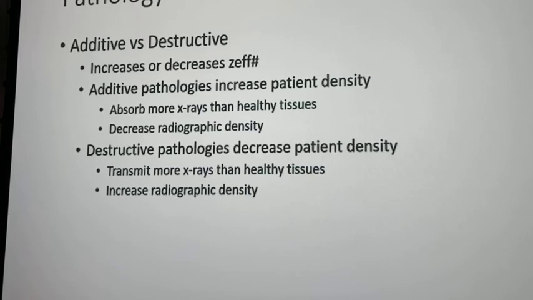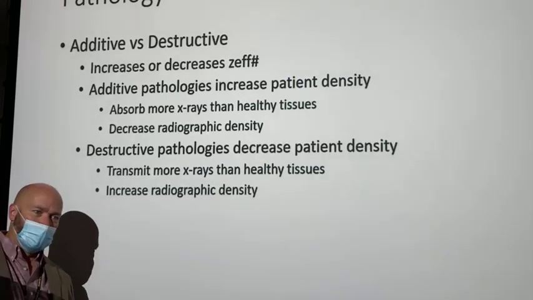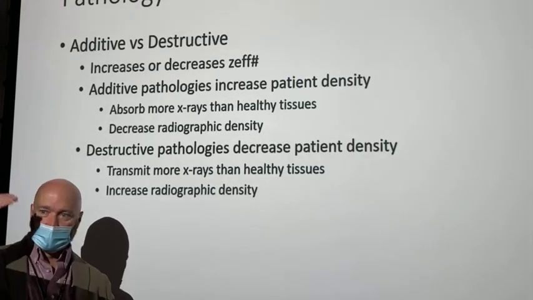Additive pathologies absorb more x-rays, and if you don't do anything to your radiographic technique, they're going to decrease radiographic density. Destructive pathologies decrease patient density, so they transmit more x-rays through the healthy tissue, and they increase radiographic density. Remember, radiographic density and patient density are inversely proportional.